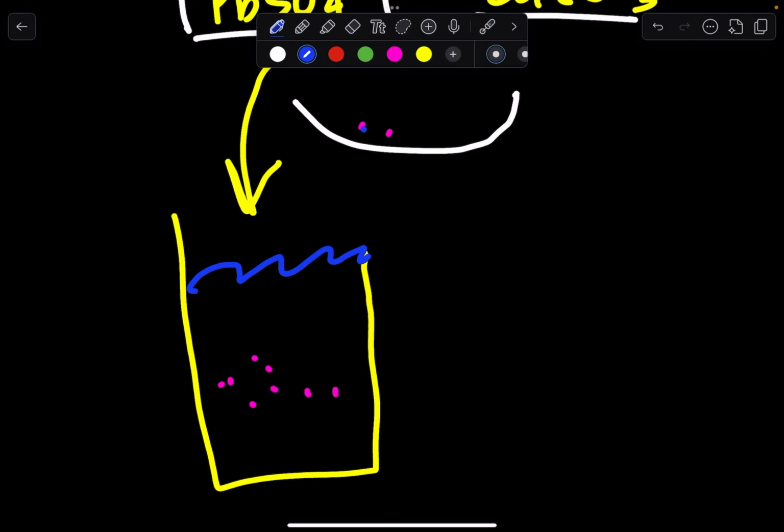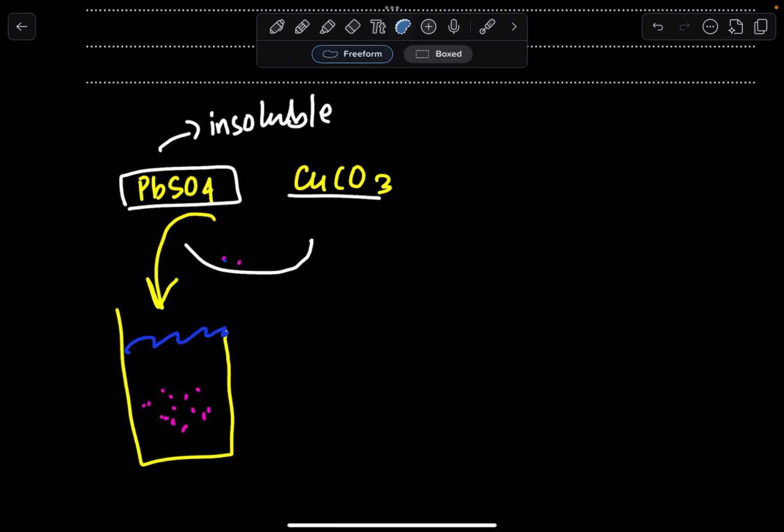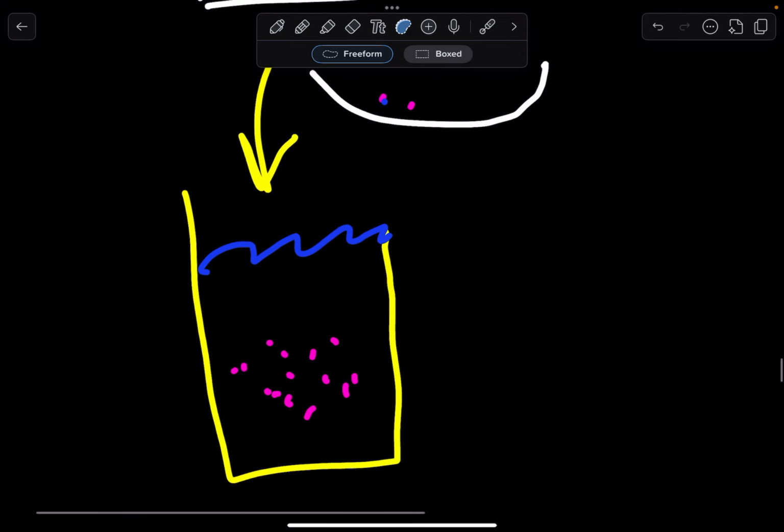The white particles were your copper carbonate. These white particles are going to dissolve, and the pink particles are not going to dissolve in water. So your lead sulfate is left over.